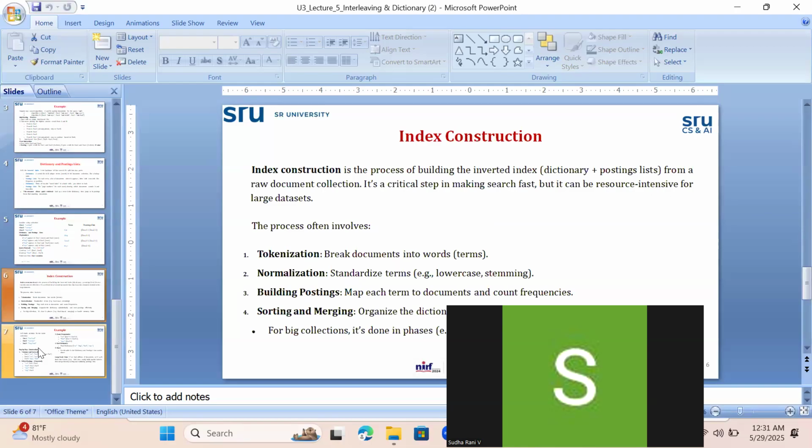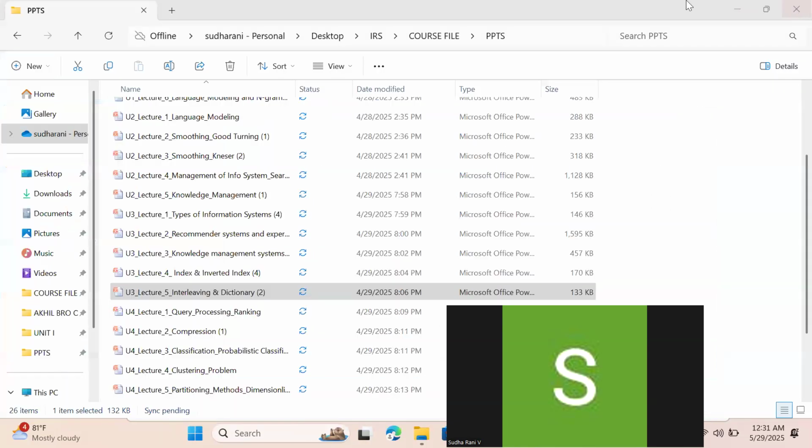The process often involves tokenization, which breaks documents into tokens; normalization, which standardizes terms; building postings, which map each term to documents and count frequency; and sorting and merging, which organize the dictionary alphabetically and store postings efficiently. So this is some explanation regarding the index.